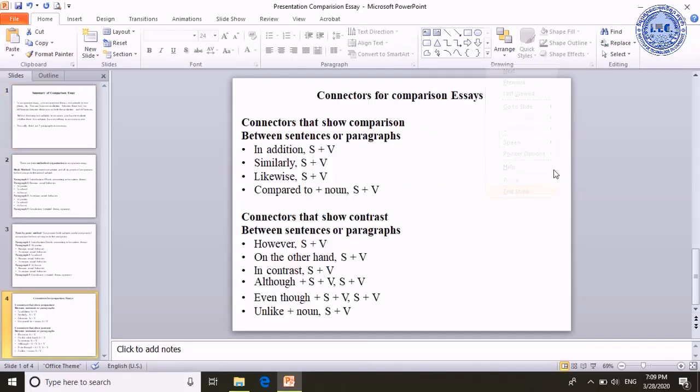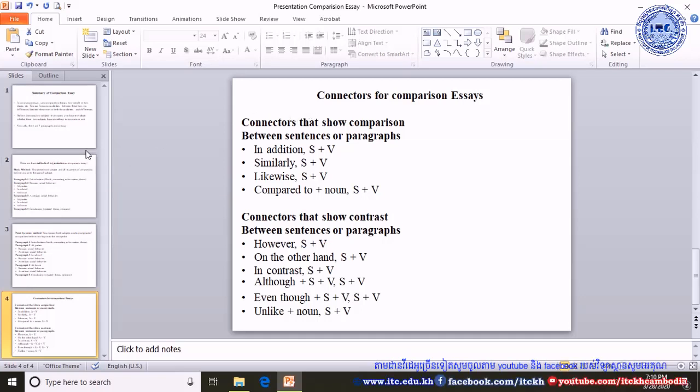So all in all, I would like to summarize the important points of a comparison essay. A comparison essay is used to compare two people, two things, two places, etc. together.